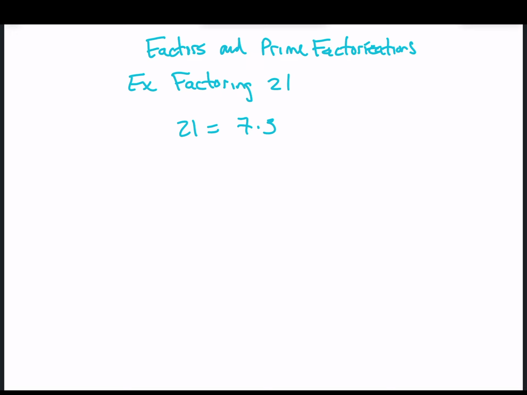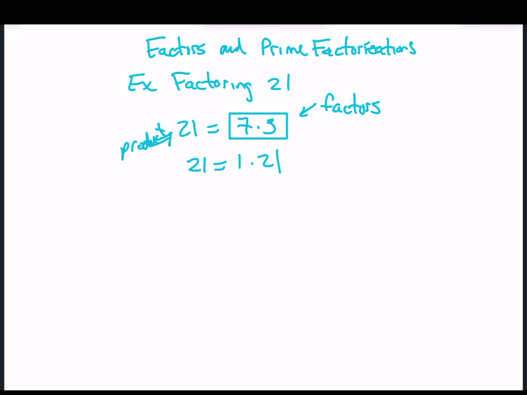You probably know that already. Well, 7 times 3 are called factors. And 21 is the product. Well, there's another set that we could use, and that's 21 is equal to 1 times 21. So there are various ways that we can rewrite the factors of a given number.